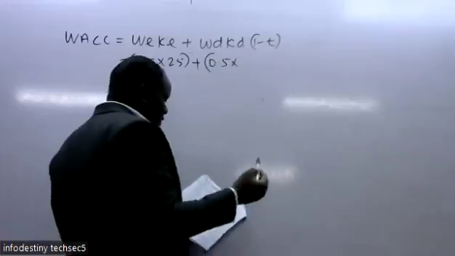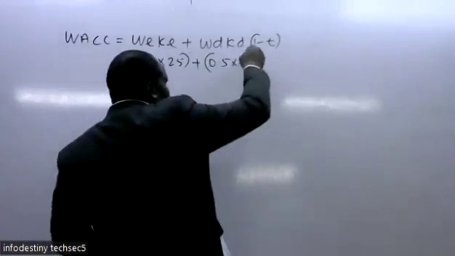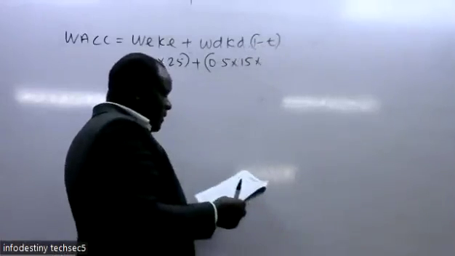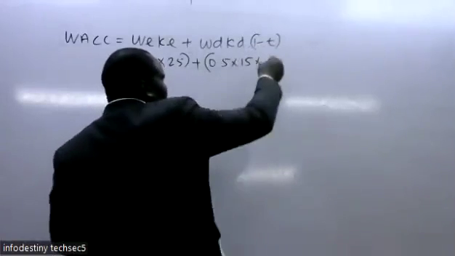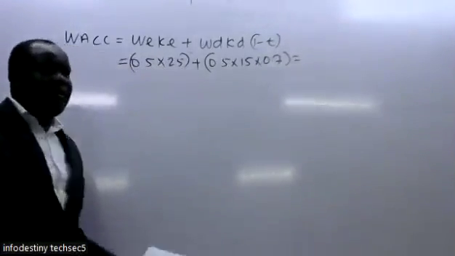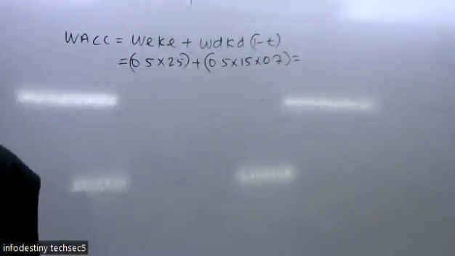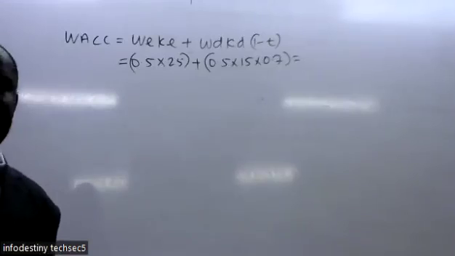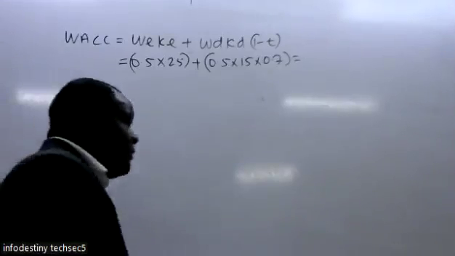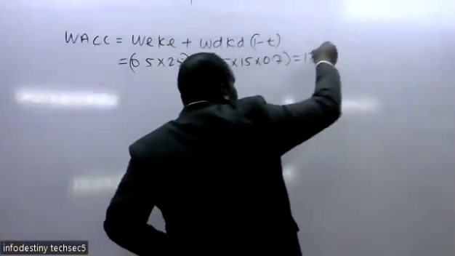The one for the debt is 15%, but it must always be after tax. The corporate tax rate was given, so we multiply by 0.7. That way we get 17.75, and that will be our discounting rate.